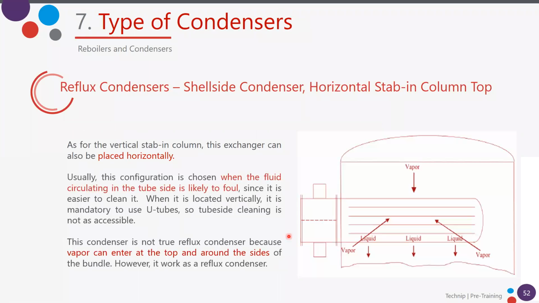This type of condenser also has very low cost because we do not have a true shell, since the bundle is inserted inside the column. What we only need to consider is to have enough space in the column to place our condenser.